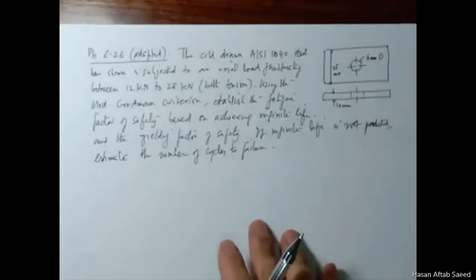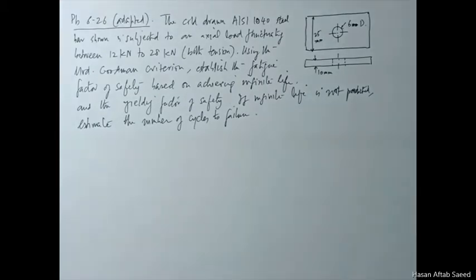a numerical problem, and let's see how this principle translates into practice. This is your problem statement. This is from your textbook, adapted from problem 626, slightly changed, but essentially it's the same thing.